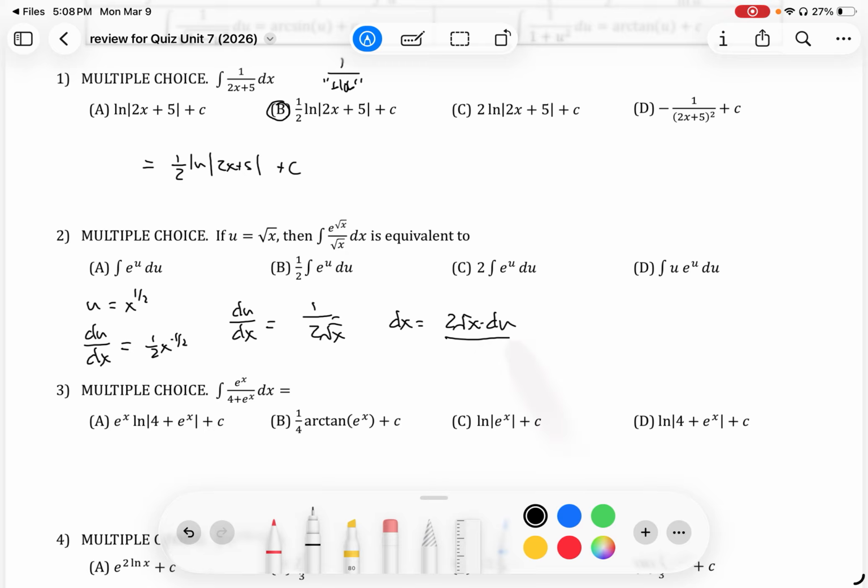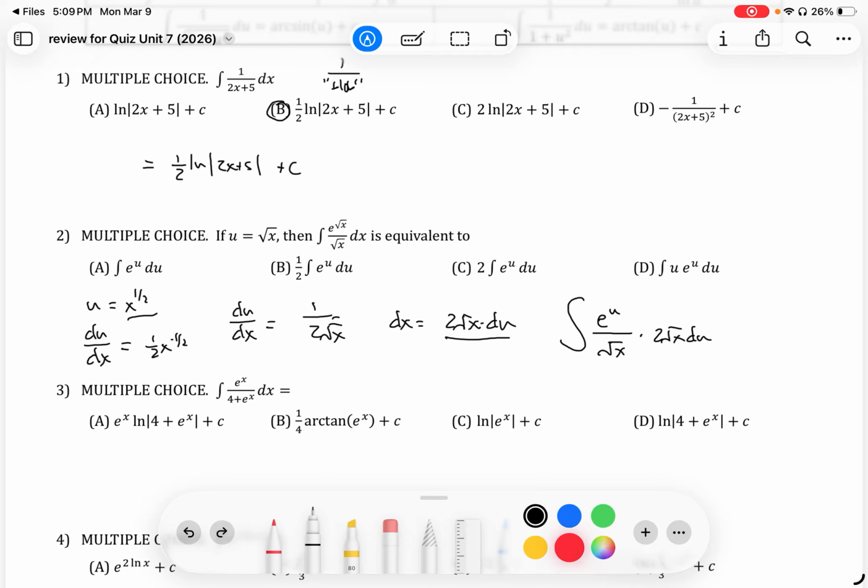So if we plug that in for dx, and we plug u in for square root x, we will get antiderivative of e to the u over root x times 2 root x du. Of course, we're only going to plug the u in to this root x in this case.